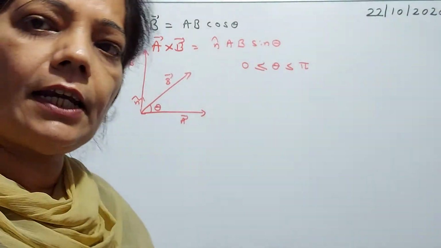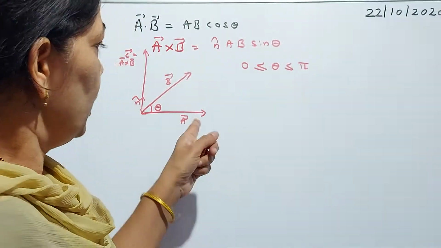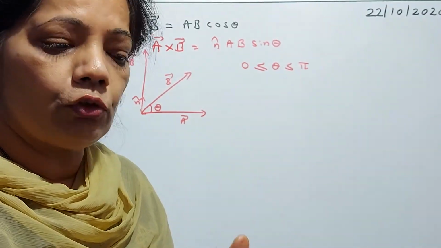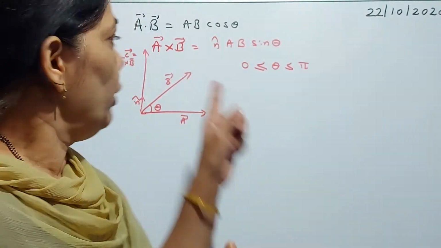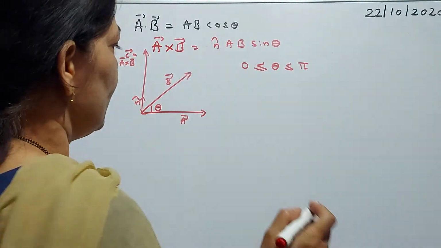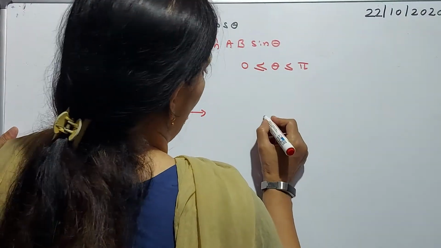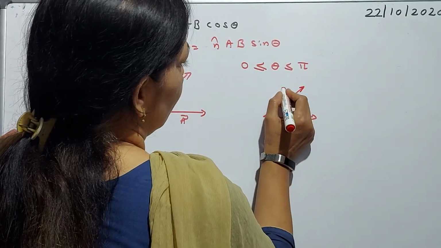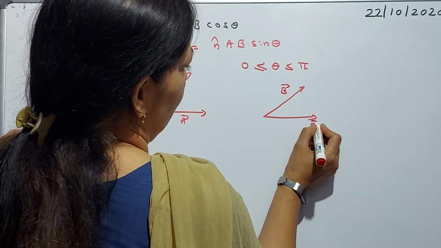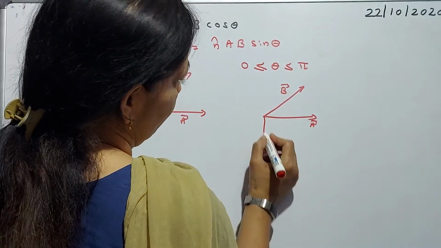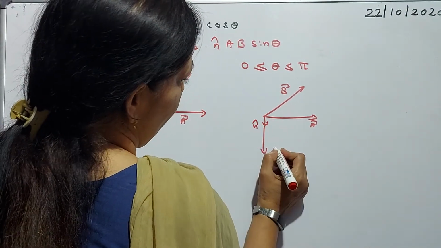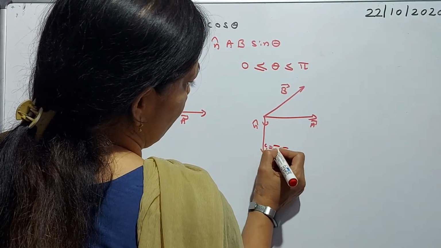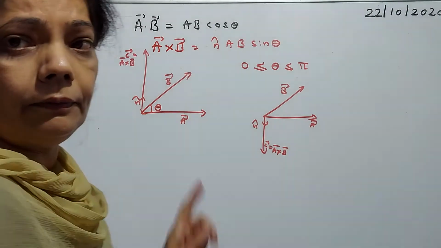But if we take exactly opposite, correct? This is what the curled fingers give, a direction from A to B. So at that time the thumb will give a direction of A cross B. But when we say exactly opposite, I can draw like this. This is my n cap and this is my A cross B, which is a vector, right?